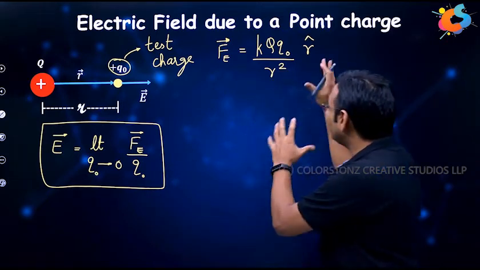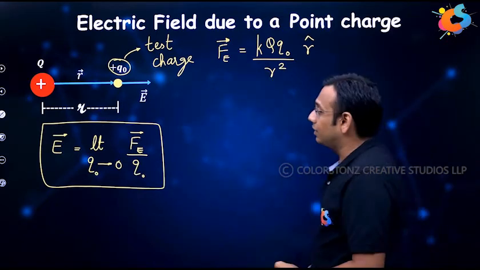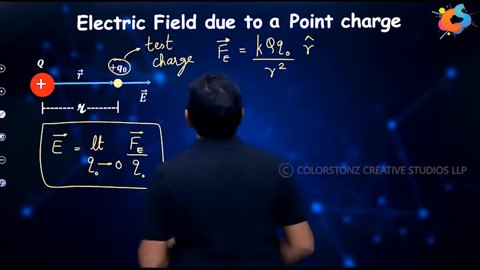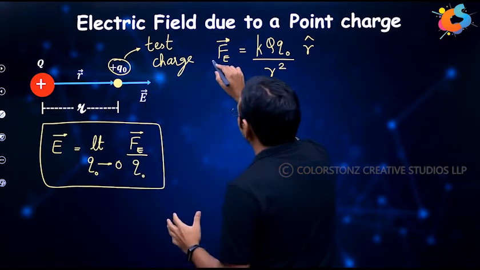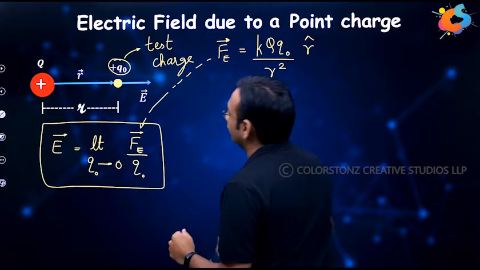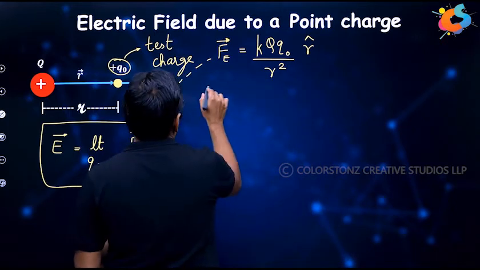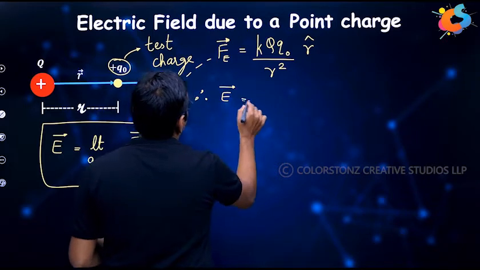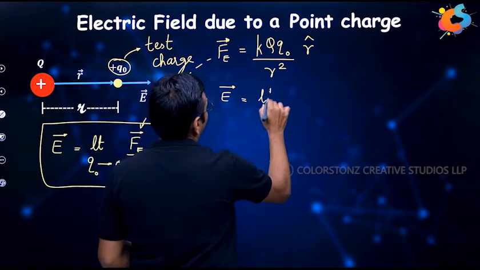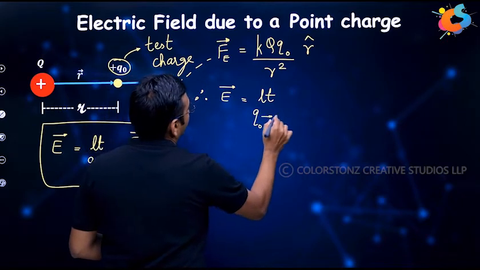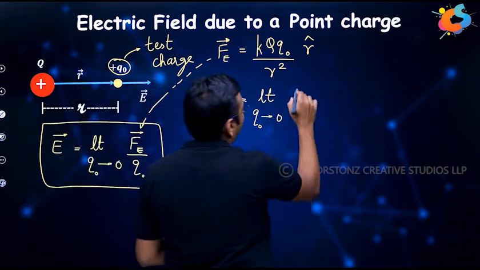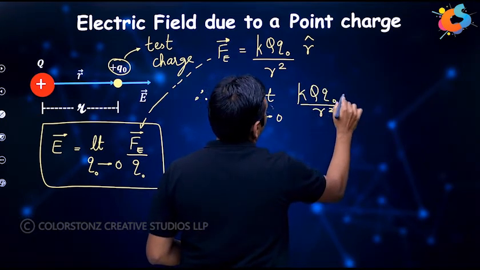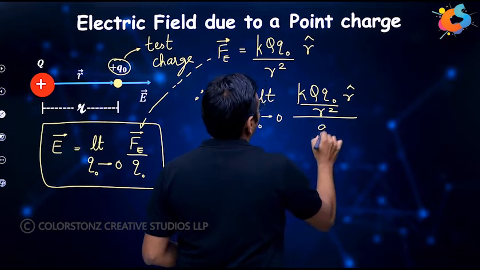Now, we need to put this force in this definition of the electric field so that we can find the strength of the electric field. So let us do that. I'll put this expression here and then we'll come back to the electric field. Therefore, I can write electric field is equal to limit Q naught tending to 0, of this expression of force, K Q Q naught by R square R cap, divided by Q naught.